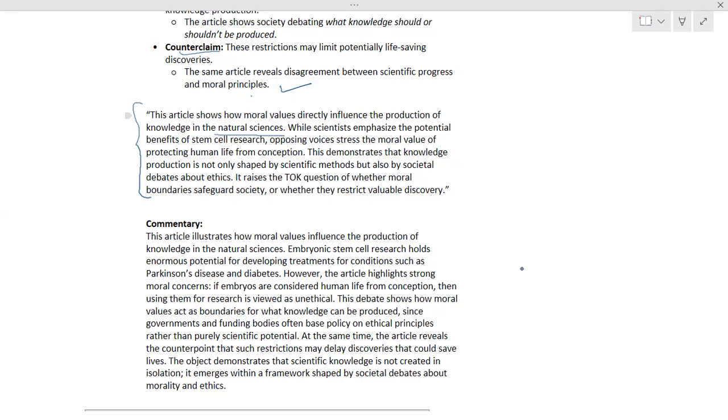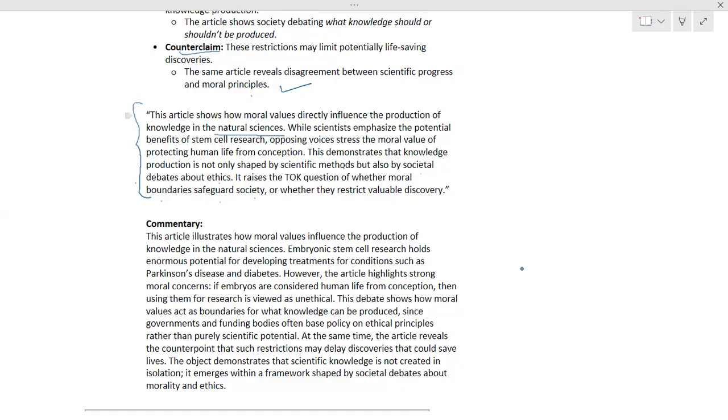This demonstrates that knowledge production is not only shaped by scientific methods, but also by societal debates about ethics. It raises the TOK question of whether moral boundaries safeguard society, or whether they restrict valuable discovery.